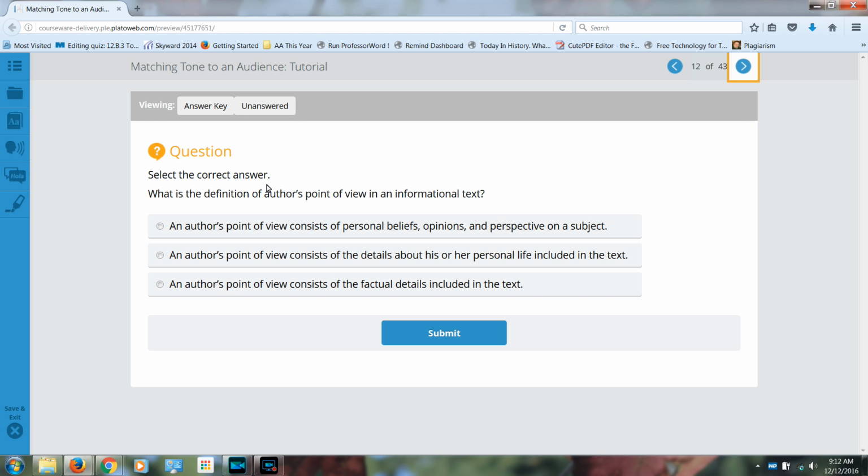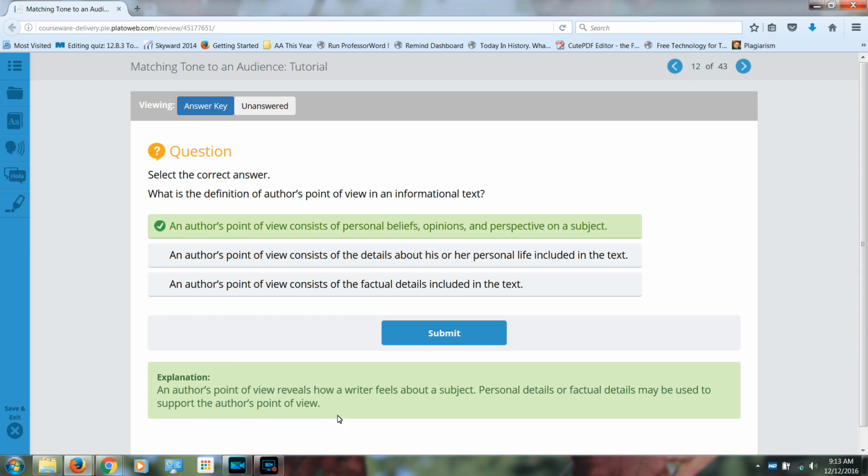So the definition of an author's point of view consists of personal beliefs, opinions, and perspectives on a subject. Okay, so looking at it, it's how a writer feels about a subject. He's going to use information to support his point of view.